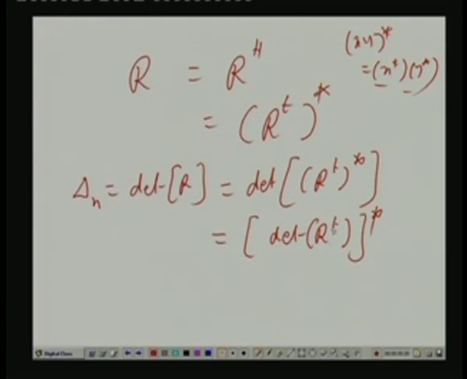And the determinant of R transpose is the same as the determinant of R, because transposition does not change the determinant. So determinant of R is delta n equals delta n star. So delta n and delta n star are the same, which means delta n is a real number.